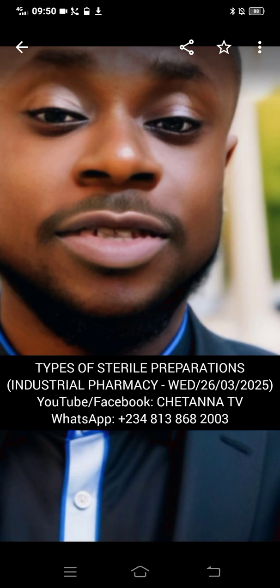So now, as you can see, there's need for this preparation to be of the same tonicity with the body fluid, to avoid issues, just as he said. From your basic biology, what happens to the cell?